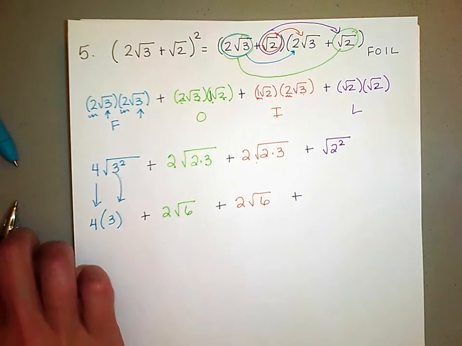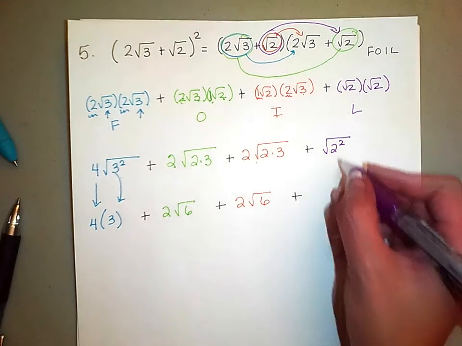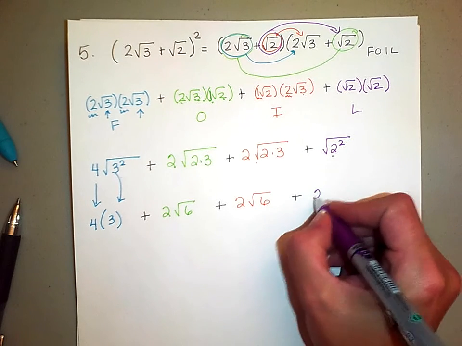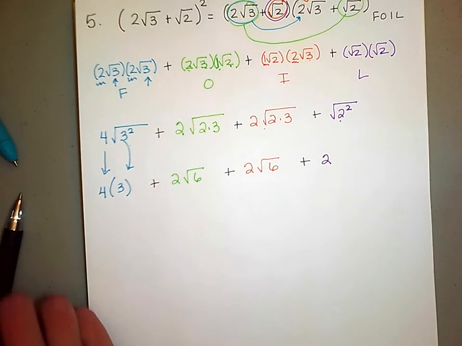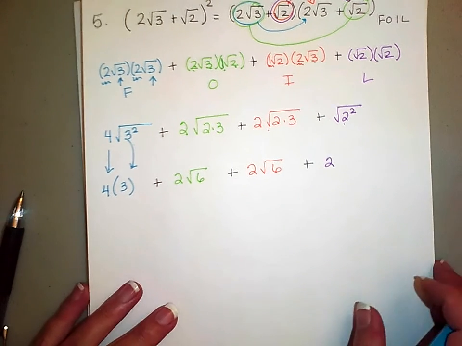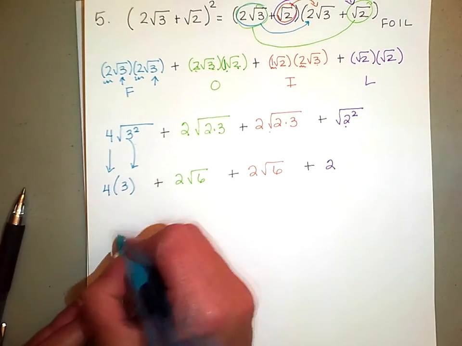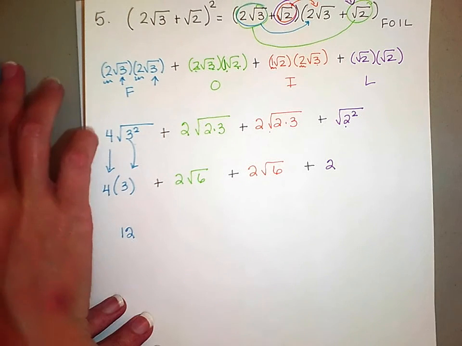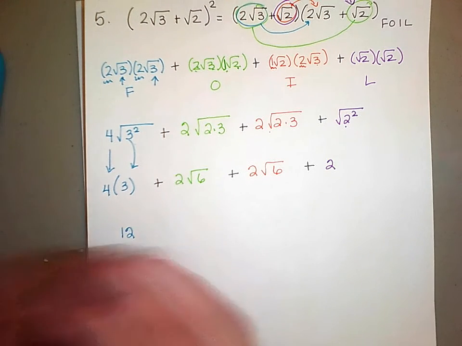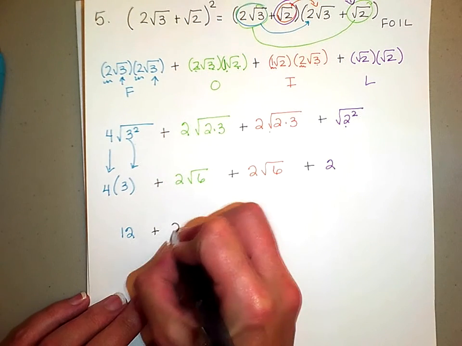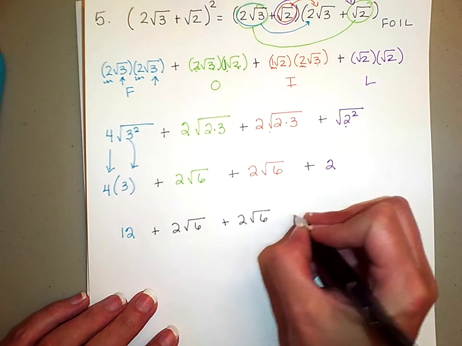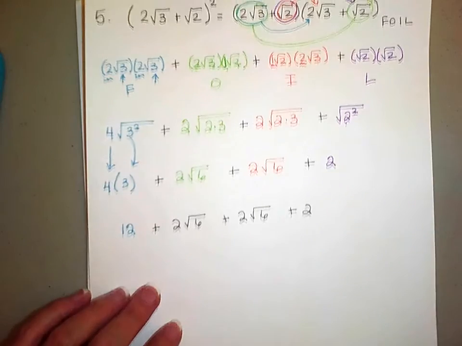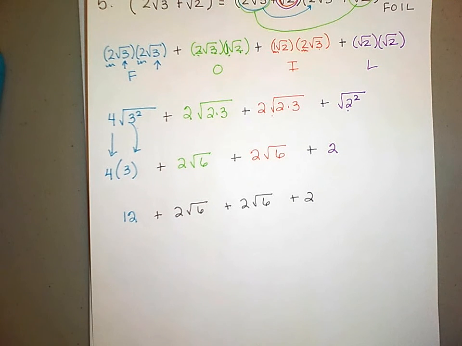Then plus the square root of 2 squared is simply 2. Finally, 4 times 3 is 12. And everything else we could just copy. 2 square roots of 6 plus 2 square roots of 6 plus 2.